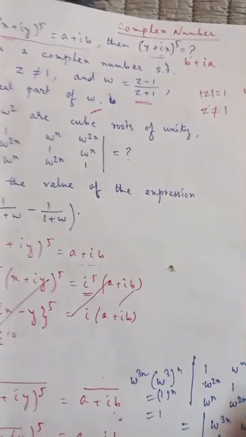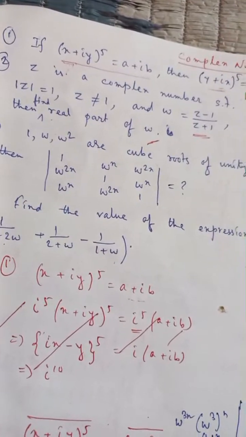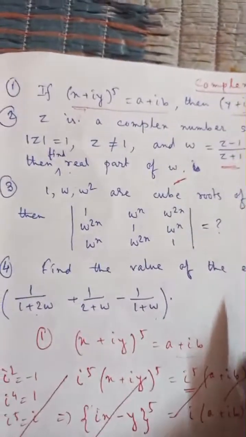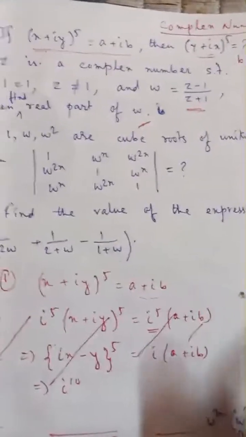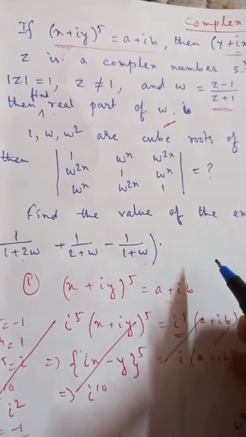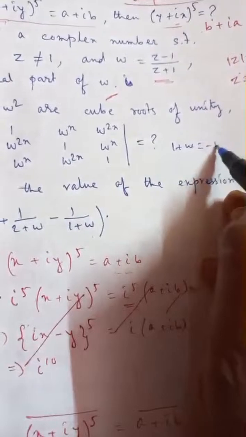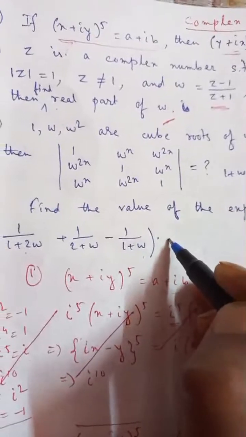And another problem is given: find the value of the expression 1 by 1 plus 2 omega plus 1 by 2 plus omega minus 1 by 1 plus omega. So what can we do? We know that 1 plus omega is equal to minus omega square. So we can deduce this form in this way.